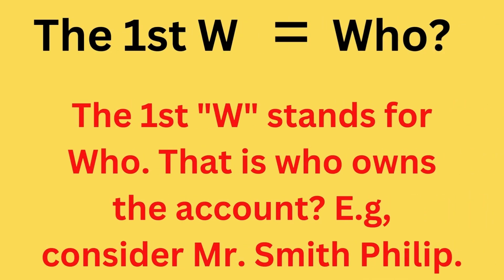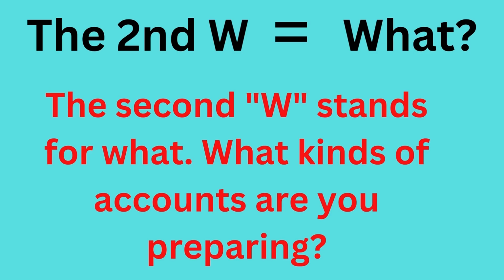The first W stands for who, that is, who owns the account. E.g., consider Mr. Smith Philip from the illustration given. The second W stands for what. What kind of account are you preparing? For example, is it a single column cash book or bank reconciliation statement, trading and profit and loss account, or manufacturing account, or partnership account, and so on?